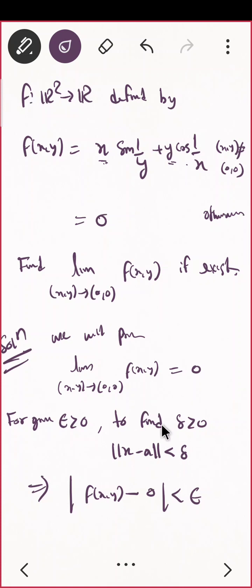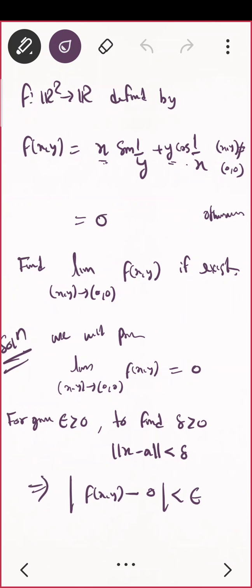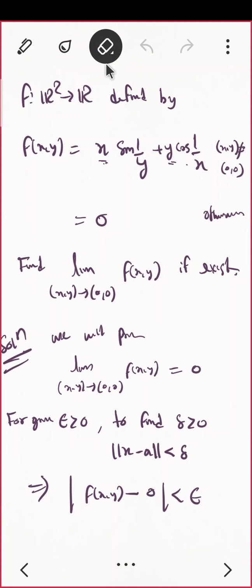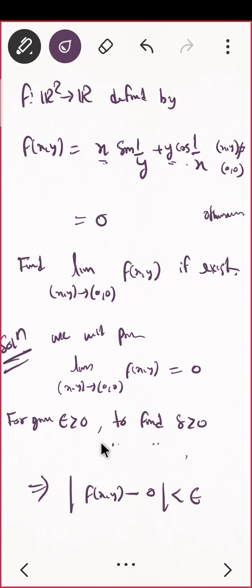But what is this thing? You can take x as (x, y). I should have, yes, here I write (x, y) because I have written it that way, so it is better to write in that format. It should be the norm of (x, y) minus (0, 0) less than delta, implying this, correct? So what is this thing?